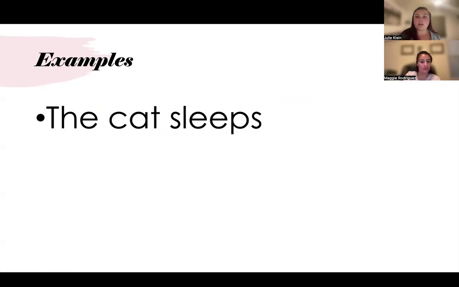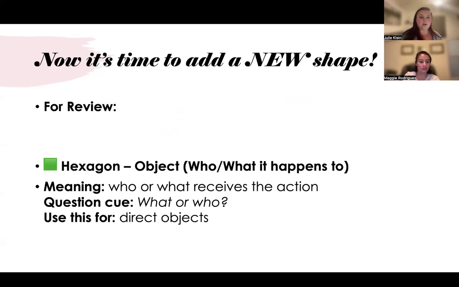What's going to be our subject, our oval? The cat. Yep. Cat's going to be our subject. And then what's going to go in the rectangle? Sleeps, because that's our verb. You are doing great.